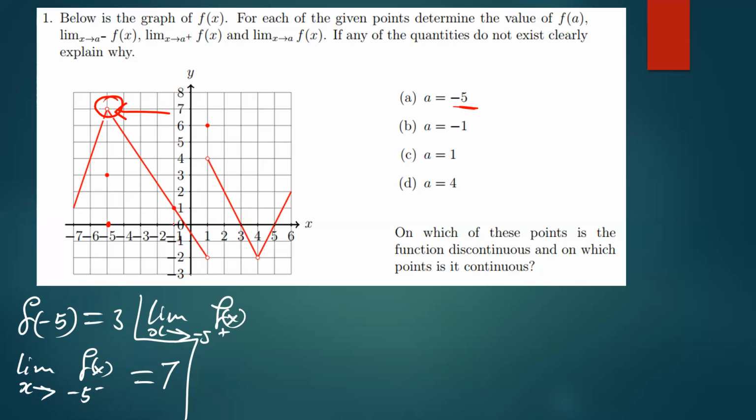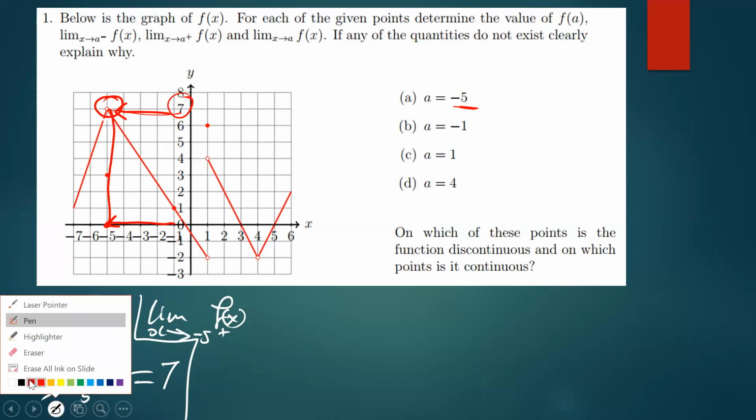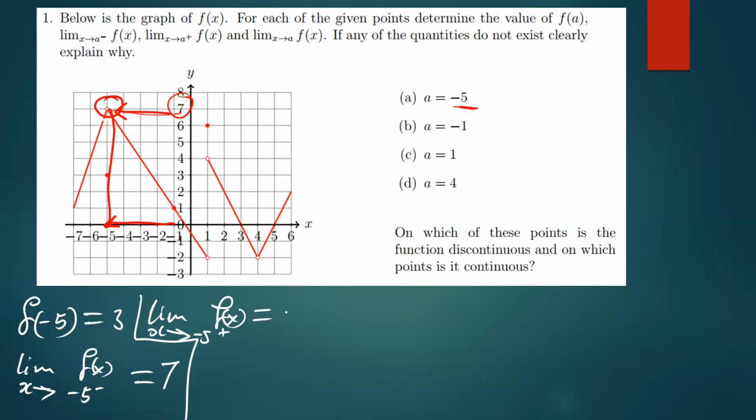When you reach -5 there, the number that is on top there will still be 7. So the answer here will still be 7.